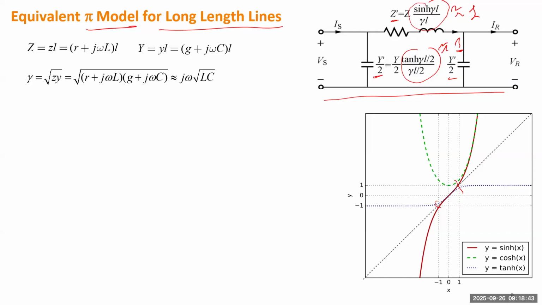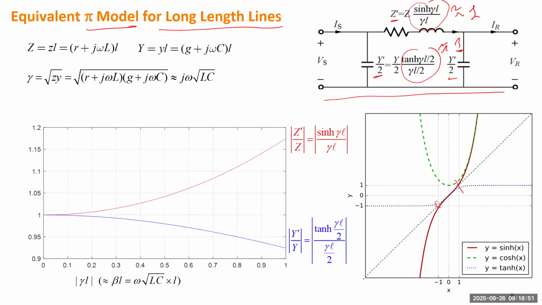But we still want to compare the factors for short lines, medium lines, and long lines. So we draw this plot. X is from 0 to 1, which is just assuming the value of gamma L changes from 0 to 1.